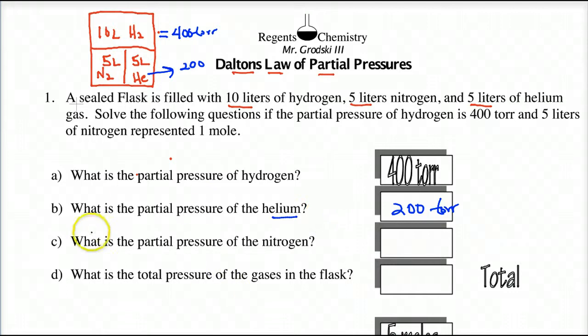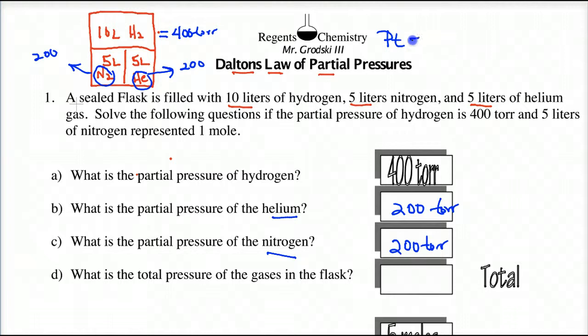All right, in any case, what is the partial pressure of nitrogen? Because nitrogen and helium have the same volume in this container, they must have the same number of particles, so they must have the same pressure. Total pressure in a flask has to equal the sum of the individual partial pressures, as we learned.